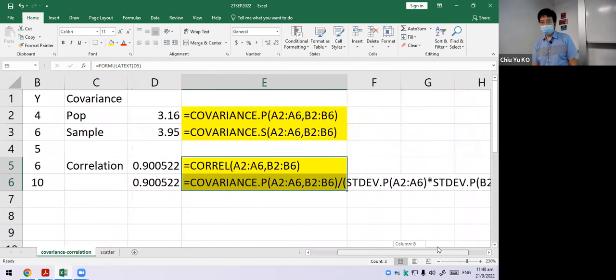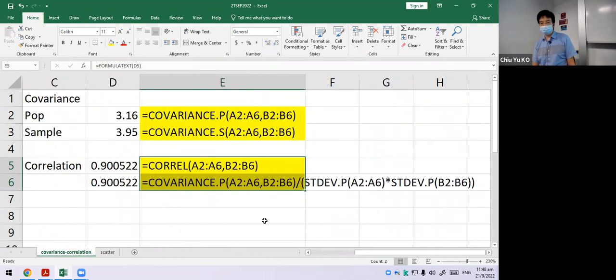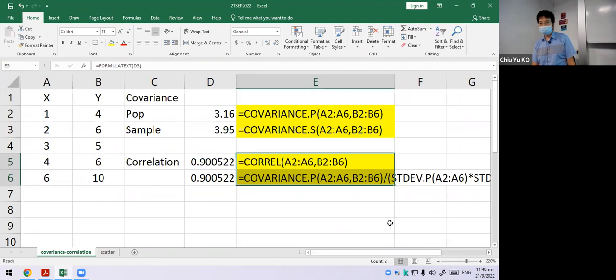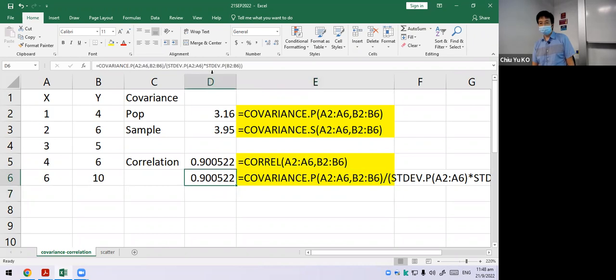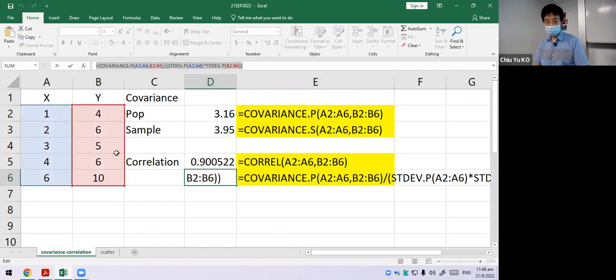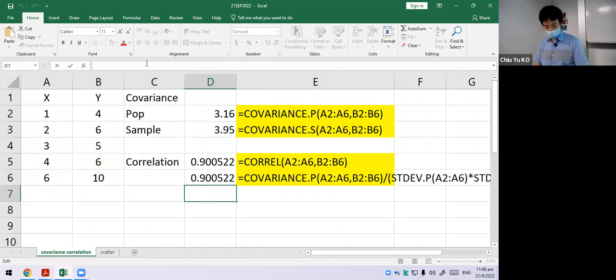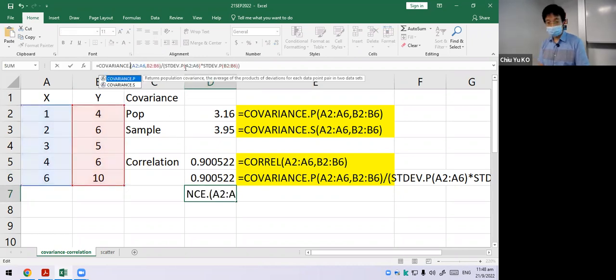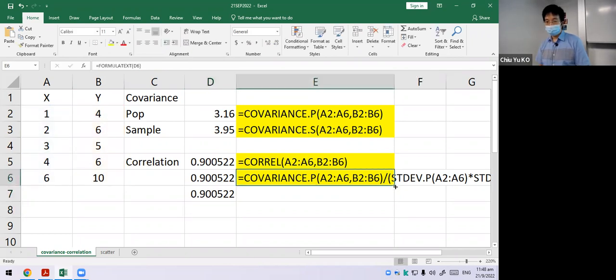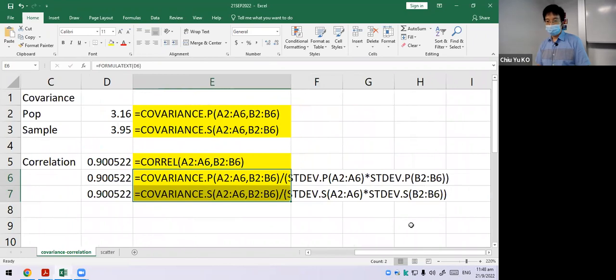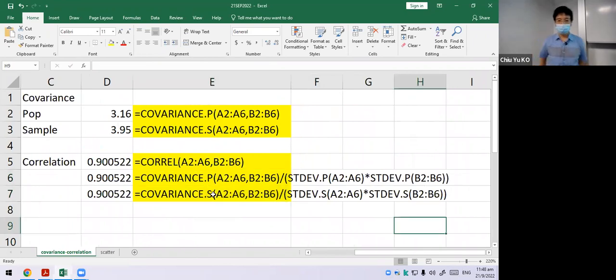And of course you should see the same result when I use the formula that instead of the P, okay, I use everything in terms of S. So basically all the .P replaced by all the .S, okay, and you should see the same.